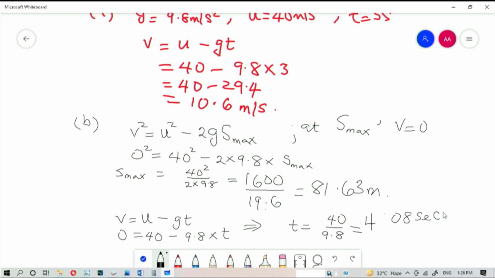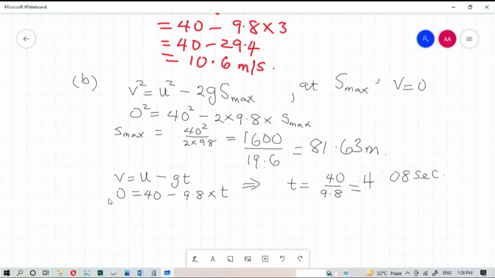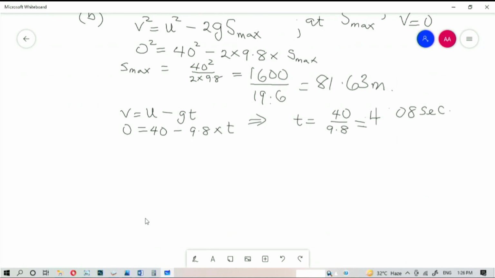Now C asks that we find the total time taken for the ball to reach the maximum height and come back to the ground.